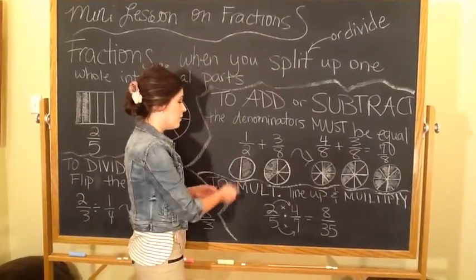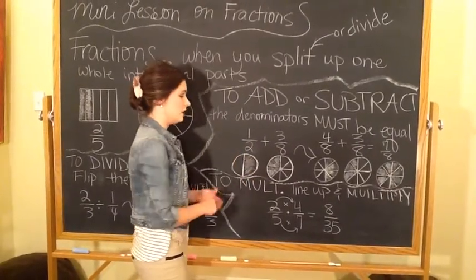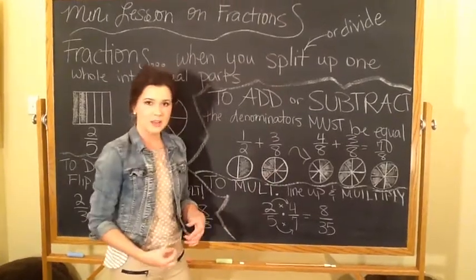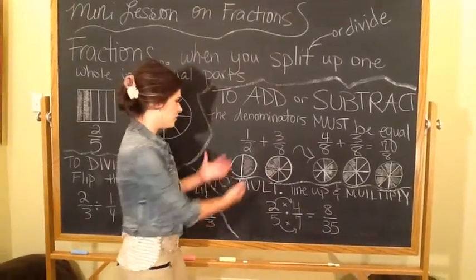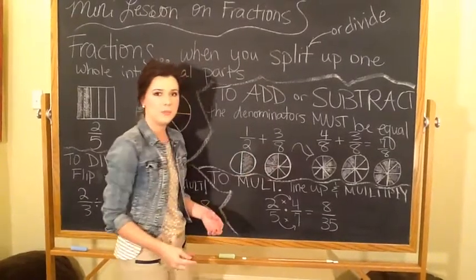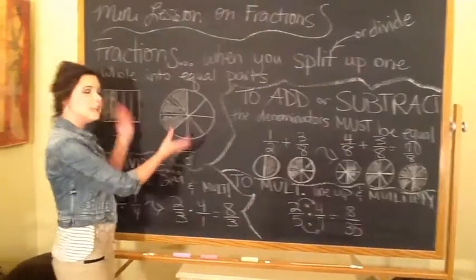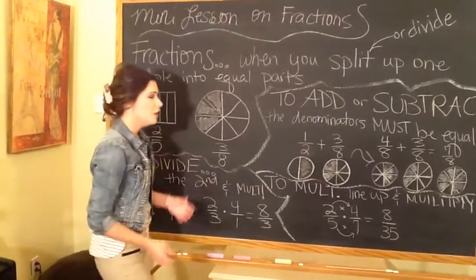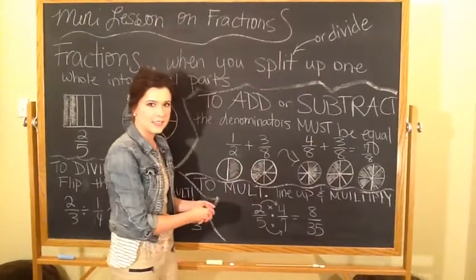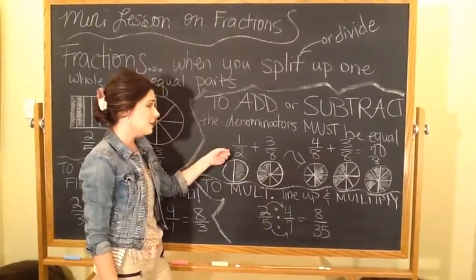In the first one, you have 1 out of 2 shaded, and in the second one, 3 out of 8 shaded. You can't just do 1 plus 3 because this 1 is so much bigger than this 1. Just like you have to separate fractions into equal parts, you also have to combine them in equal parts, because these aren't 1 yet. So we need to make sure our denominators are the same.